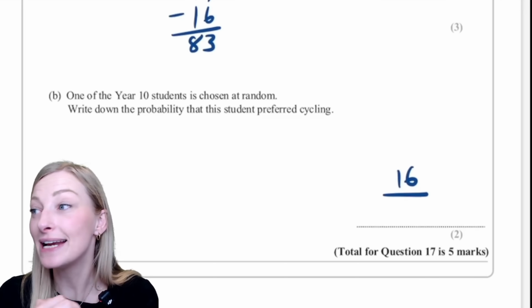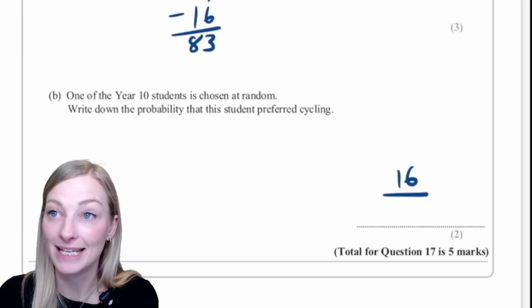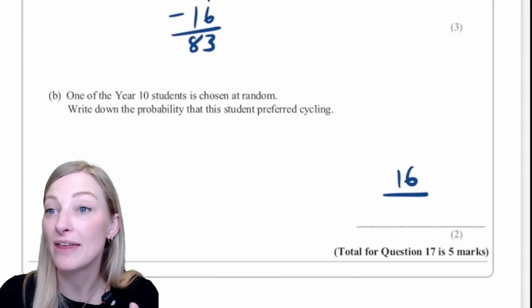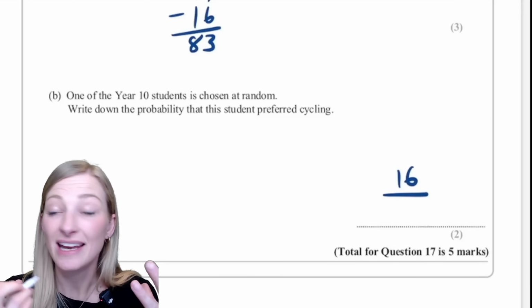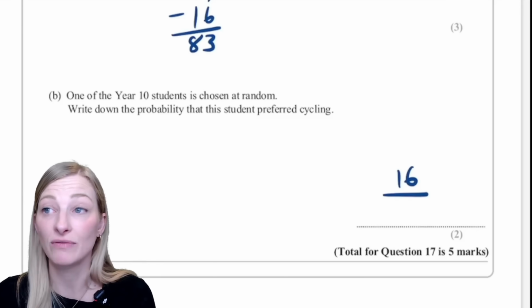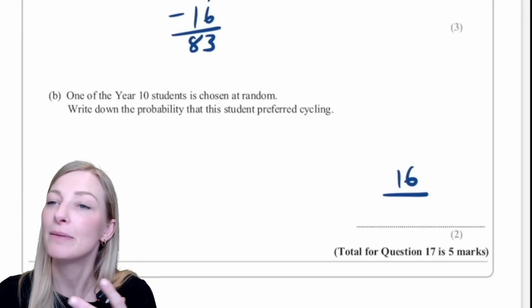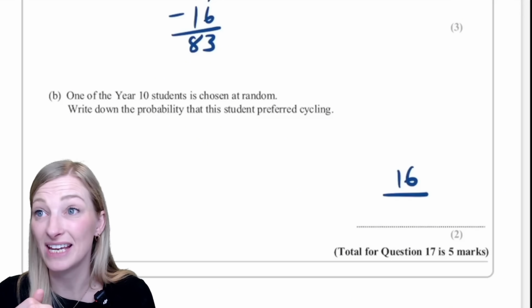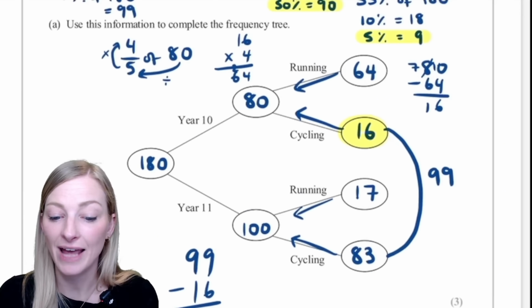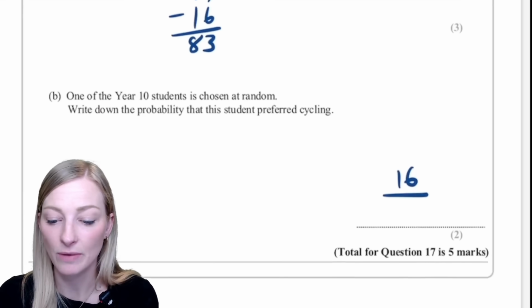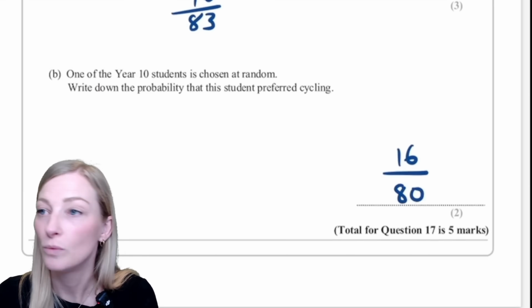I think it would be really easy to write 180 here, because you might think it's out of all of the students. And if it said one of the students is picked at random, it would be out of 180. But here we're only picking from one of the year 10s. So it's out of 80, because that's how many year 10s there are. So 16 out of 80 would be your answer there.